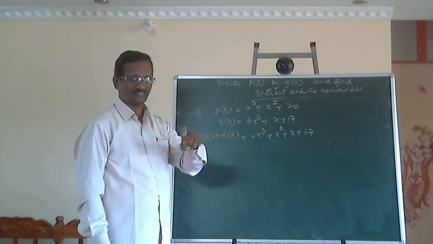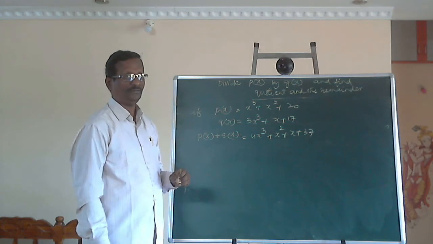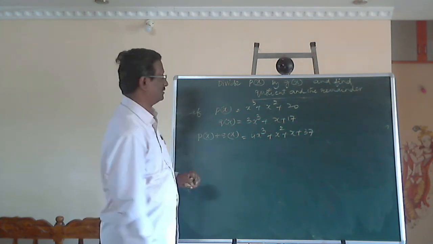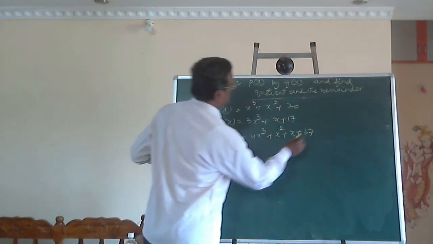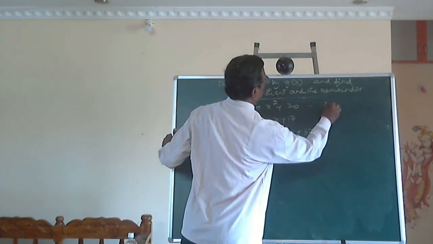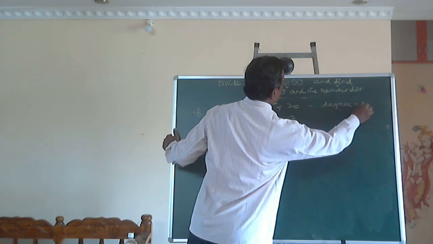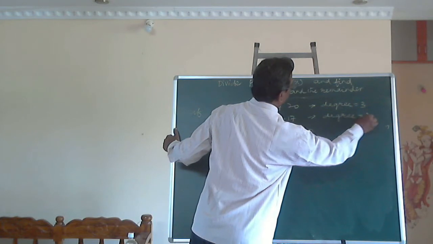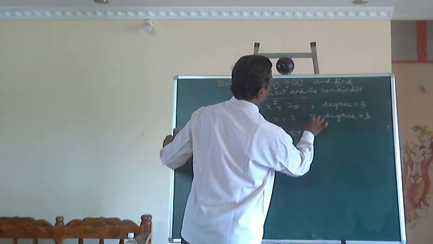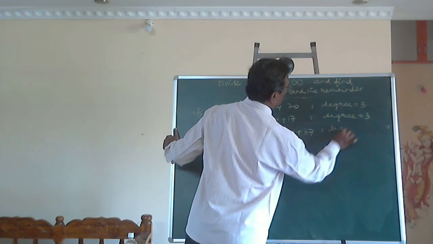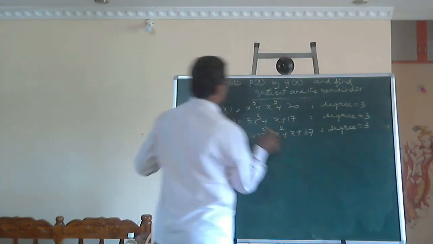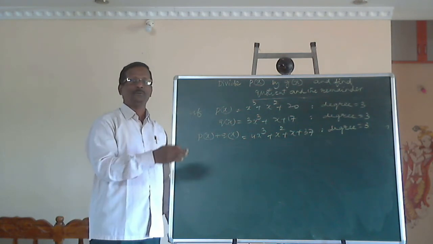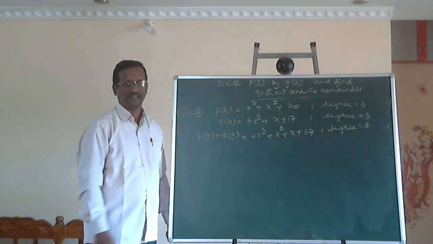That was discussed in the definition of a quadratic polynomial, standard form ax square plus bx plus c. Here degree 3, here also degree 3, and again degree is equal to 3. The two individual polynomials have degree 3. The sum of the two polynomials also has the same degree 3.